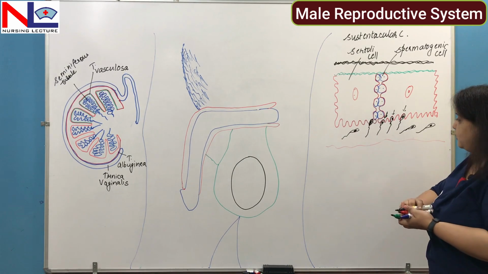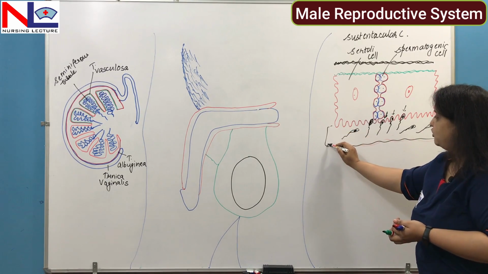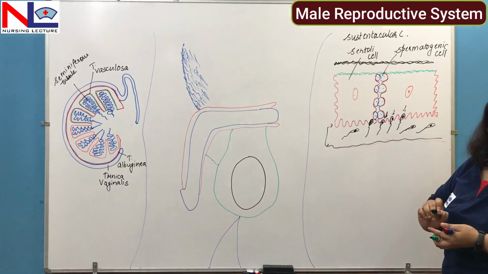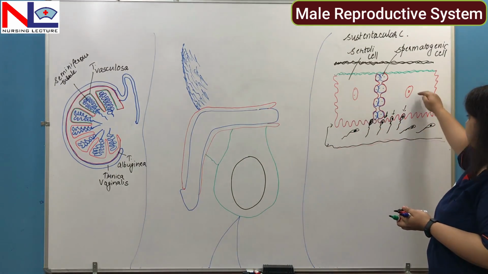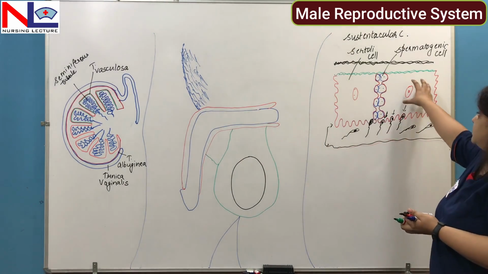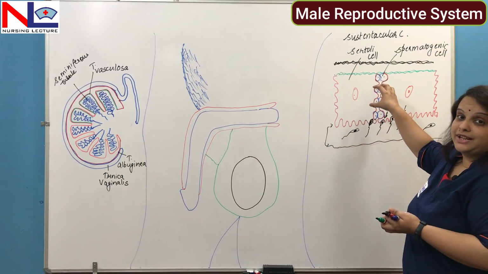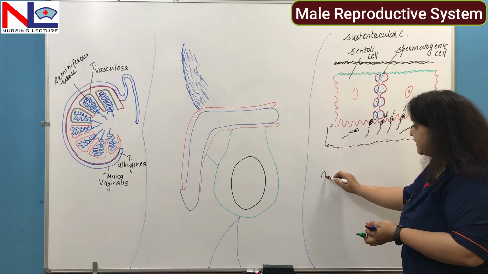Okay, so this is the lumen. So these Sertoli cells allow the sperm cells to move along the tract, pushing them with the release of some fluid.